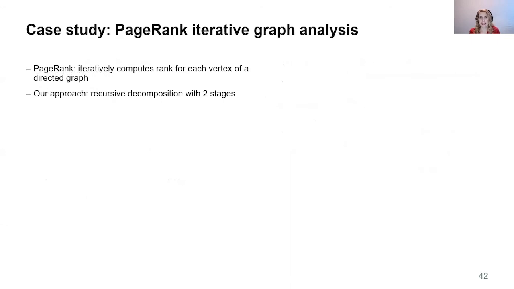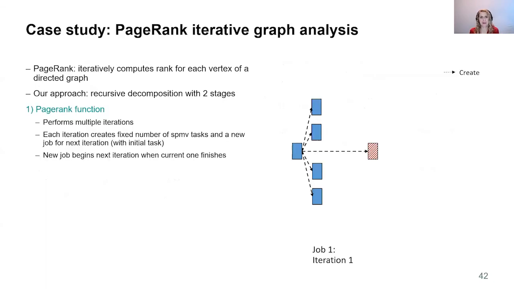So our case study is going to be Pagerank, which is an iterative graph analysis algorithm. Pagerank basically at its core, if you represent the graph as a matrix, is really just a lot of sparse matrix vector multiplication operations. So we're going to structure this application with two stages.